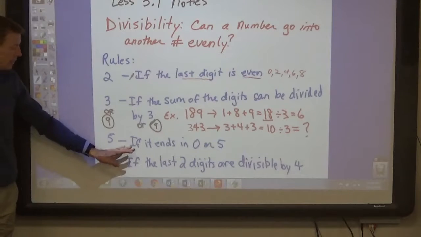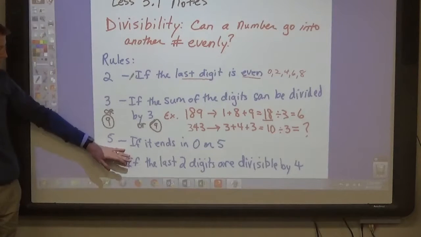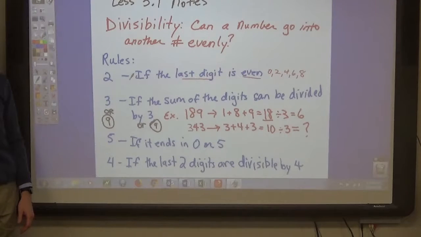Another one that's really simple and that you probably already know is the rule for 5. How do you know if a number is divisible by 5? Ben? It ends in 0 or 5. Yep. So is the number 25 divisible by 5? Yes. Is the number 30 divisible by 5? Yes.